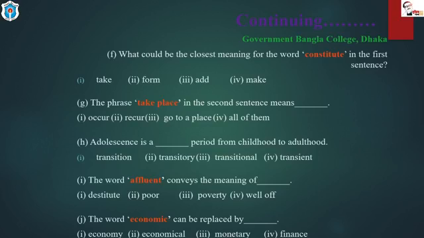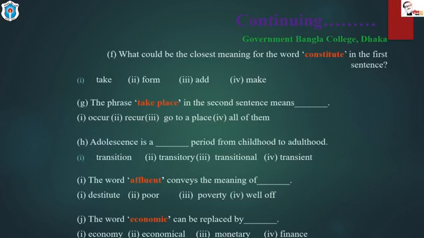Thank you. Polash, thank you. Ridoy Hassan, dear, I have not written from. I have written form.